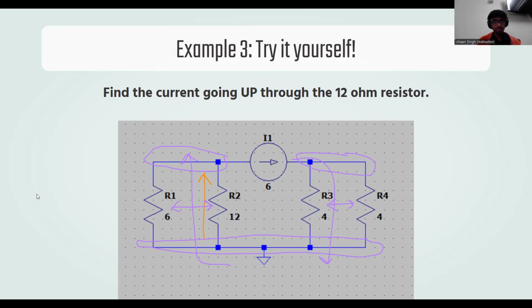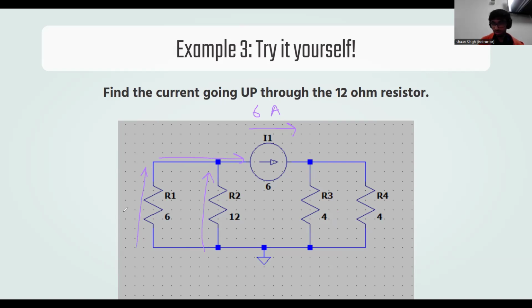So, first of all, we know this current source has 6 amps going through it, okay? So that means there's 6 amps flowing through here. That means the sum of this current and this current is 6 amps.